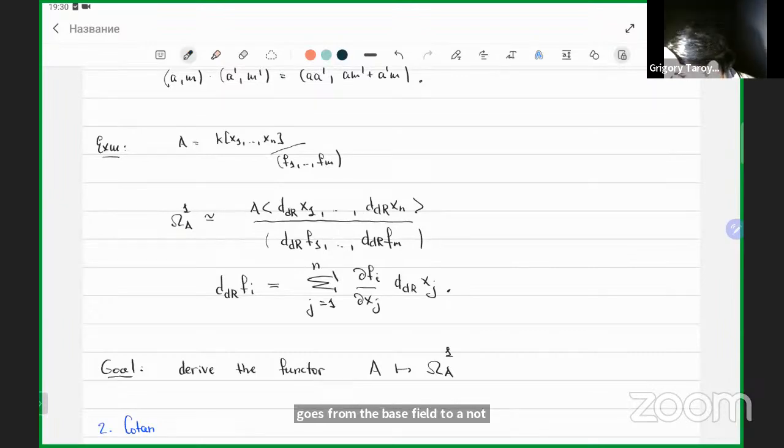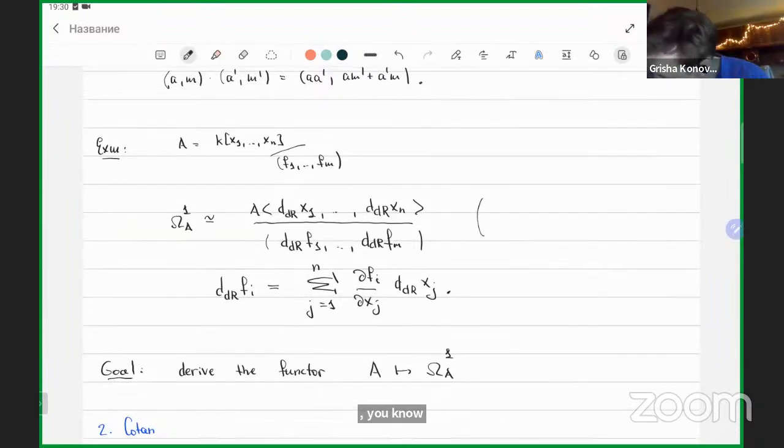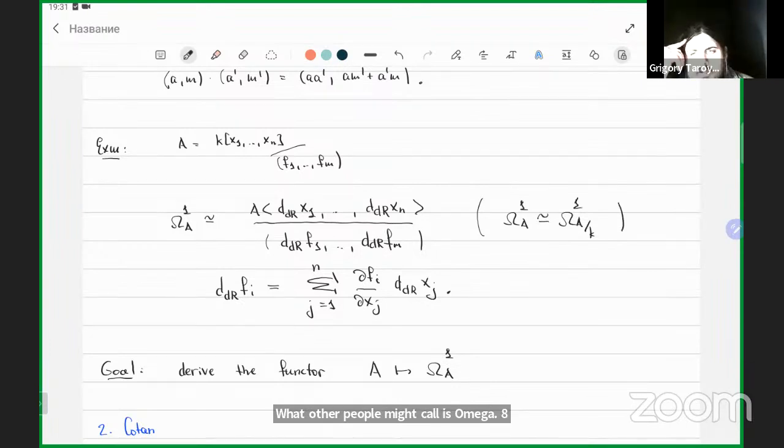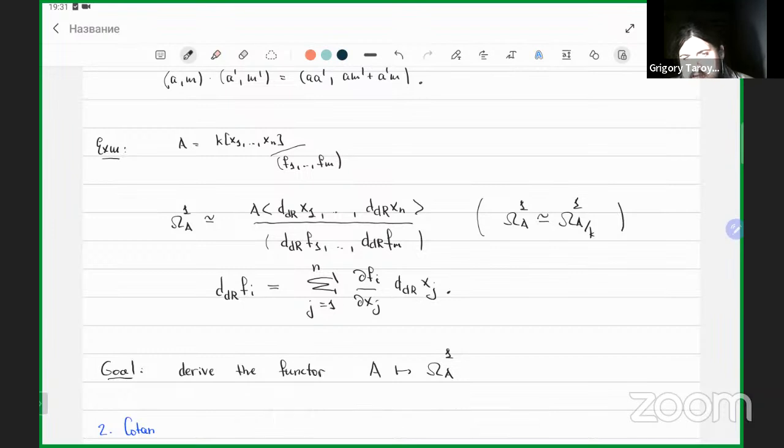In my notation, omega A is what other people might call omega A over K. Oh, I see. I just thought that this thing that you wrote down is naturally isomorphic to the quotient of the augmentation ideal modulo the square of this ideal, but yeah, that's true.